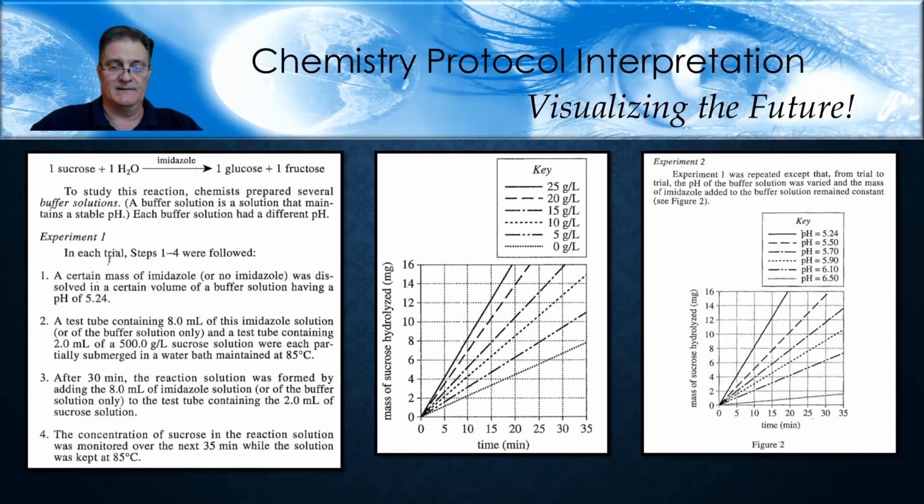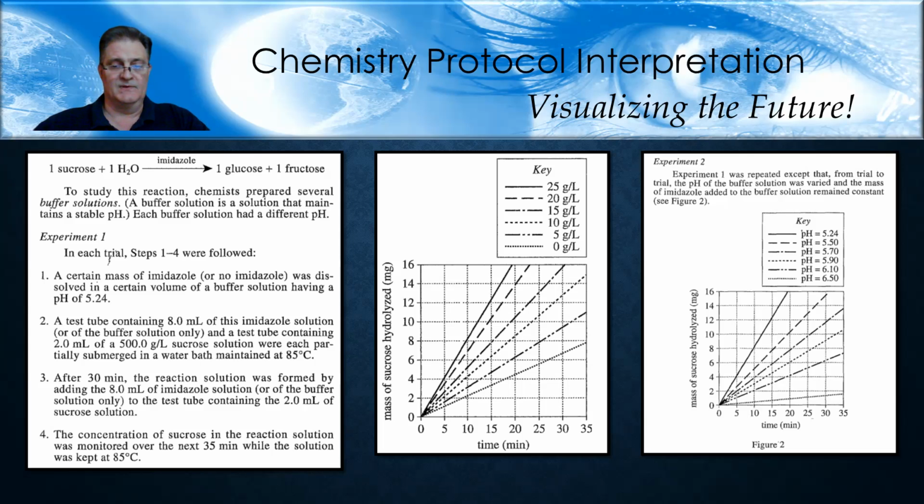Notice your y-axis says mass of sucrose hydrolyzed, and your x-axis tells us this is over 35 minutes. Notice the dotted line at the bottom is 0 grams per liter. That means no imidazole was used in the reaction.